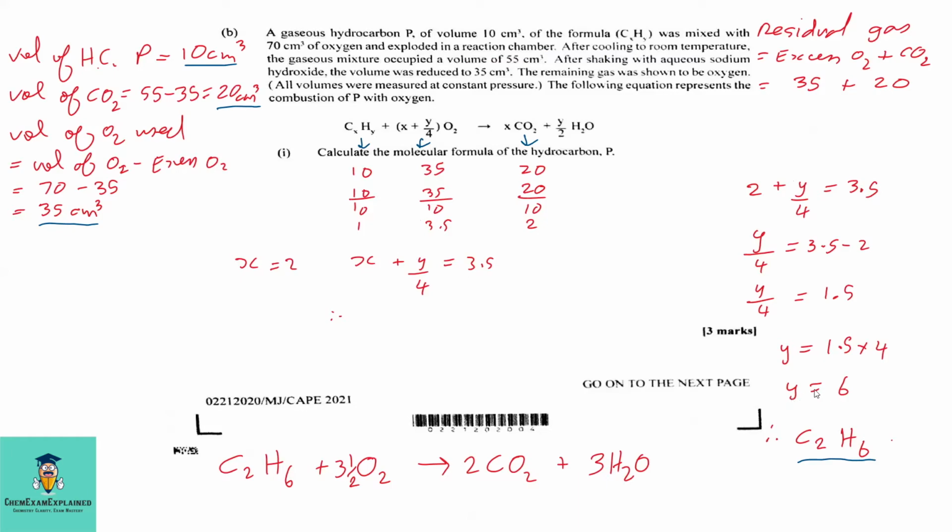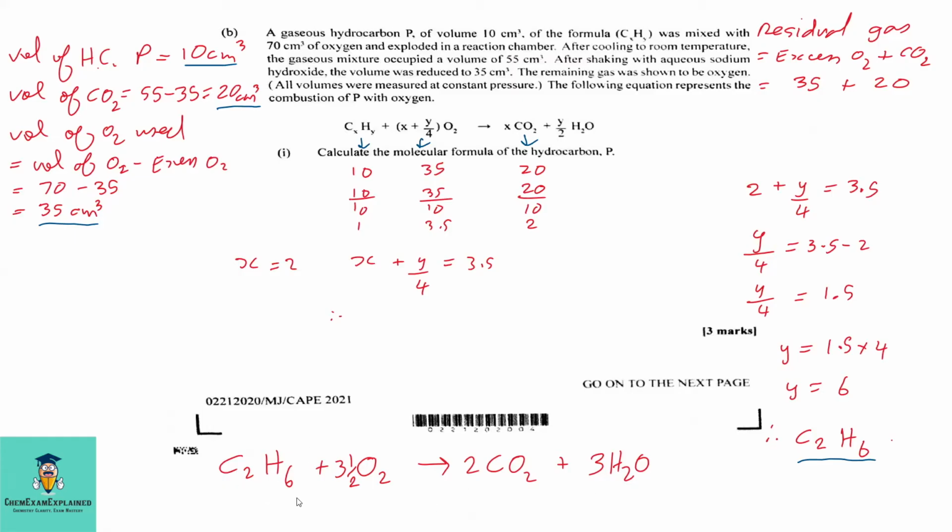Therefore, y is equal to 6. From that, we can deduce our formula because x is equal to 2 and y is equal to 6. So in looking at CxHy, we get C2H6. We can now write a fully balanced equation.